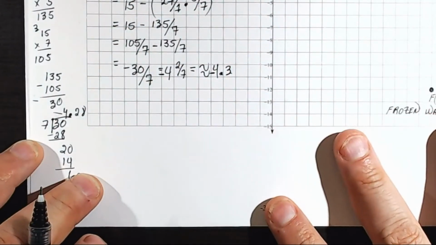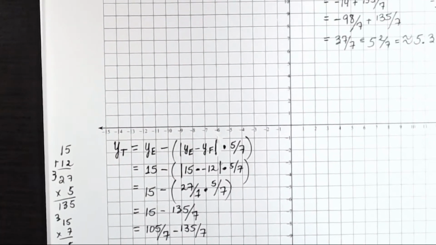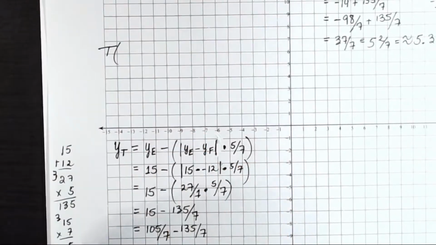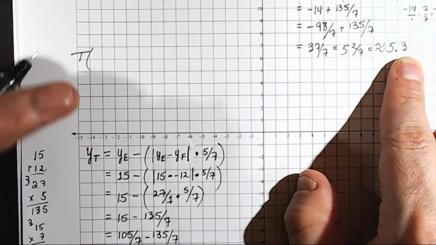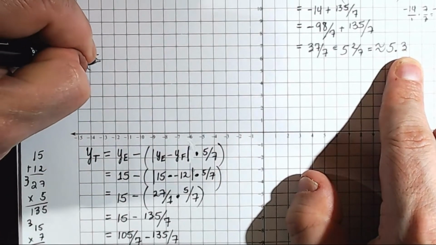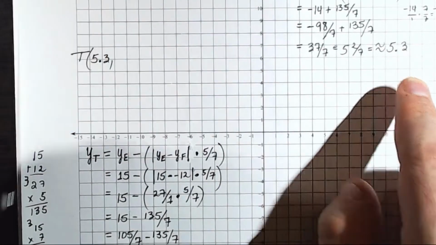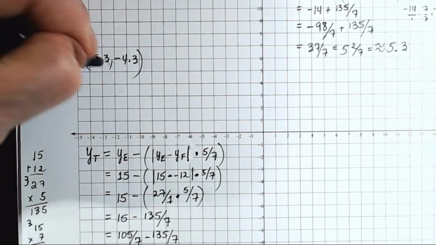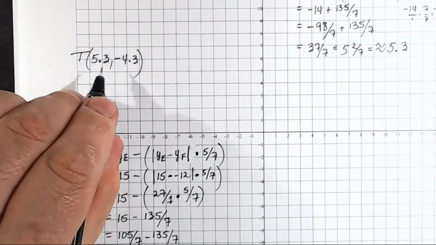All right, so here are my coordinates for the 3 little monkeys. My coordinates for the 3 little monkeys, point T, are approximately 5.3, comma, negative 4.3. Close parentheses, all right? These are approximate values.